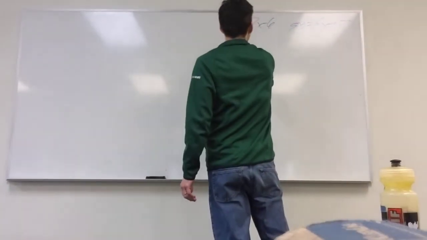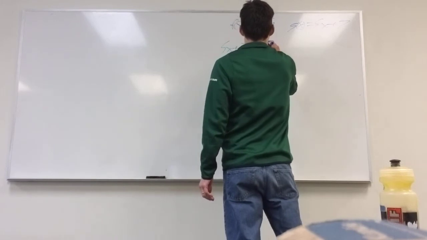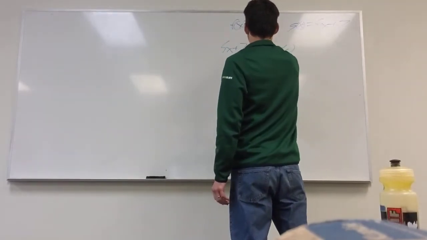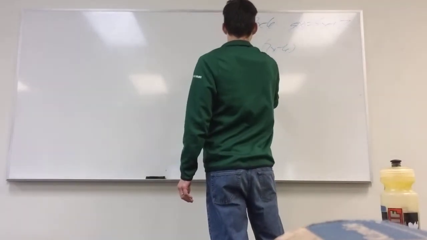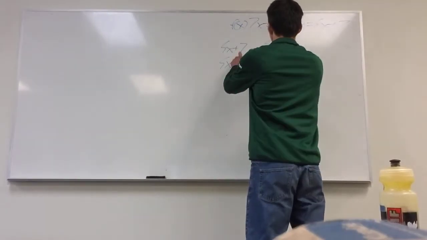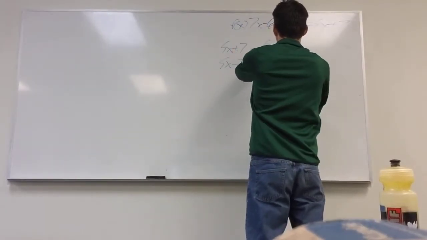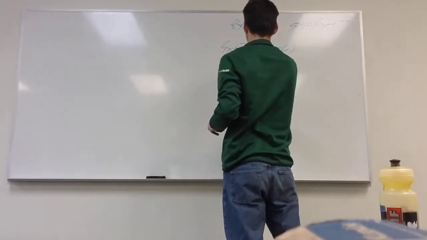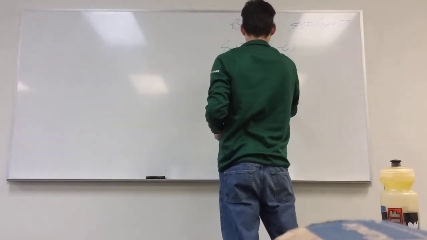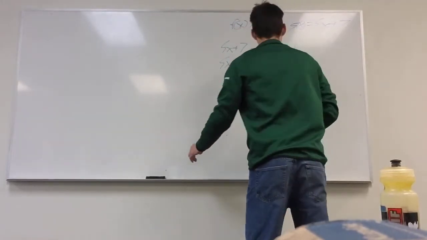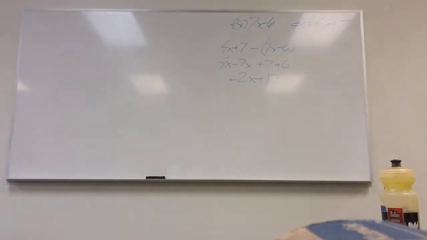So 5x plus 7 minus 7x minus 6. So 5x minus 7x plus 7 plus 6. So that's minus 2x plus 13. Okay, that's g minus f.